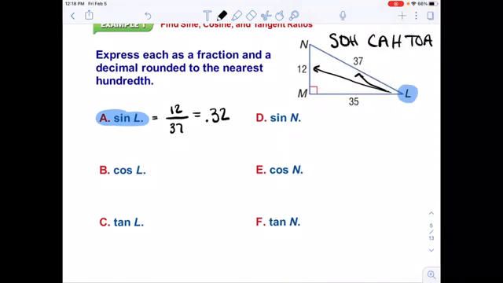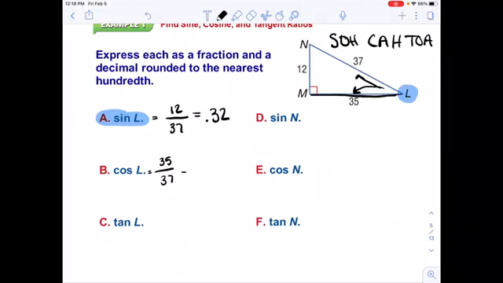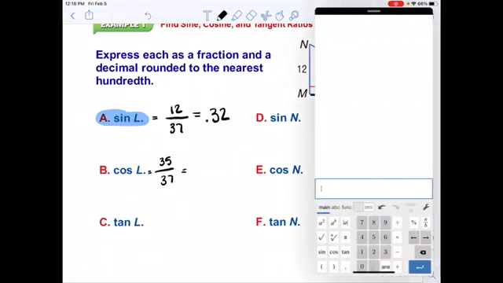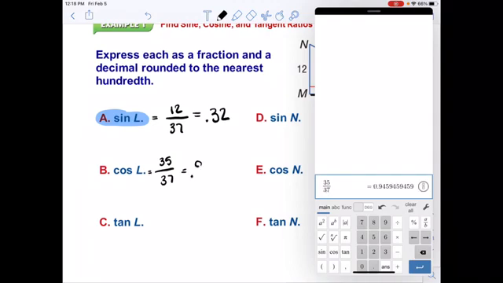Okay? Now if we want cosine of L, notice we're standing at the same angle still, but we go adjacent. So adjacent is the non-hypotenuse side that is right beside that angle, or helps form the angle, and then the hypotenuse. So we have 35 over 37. We want to write that as a decimal. We end up getting, to the hundredth, 0.95.